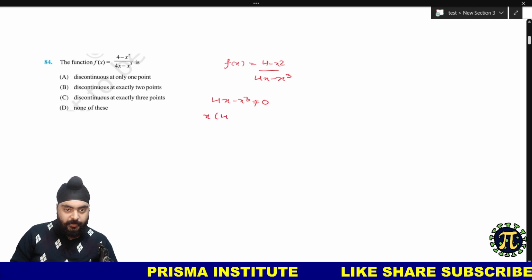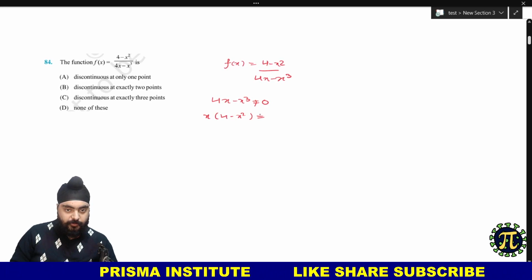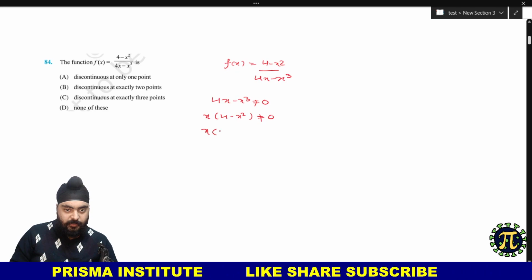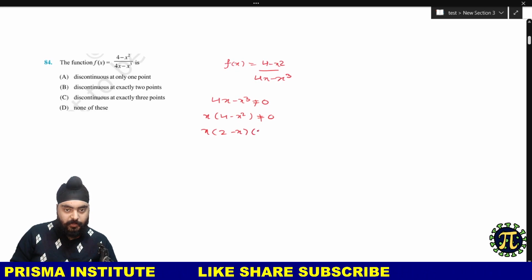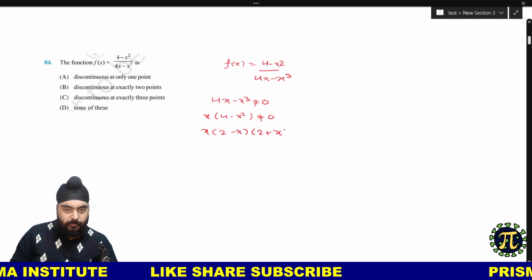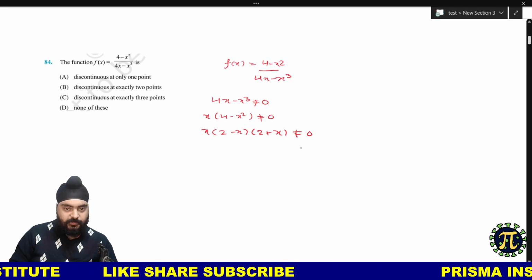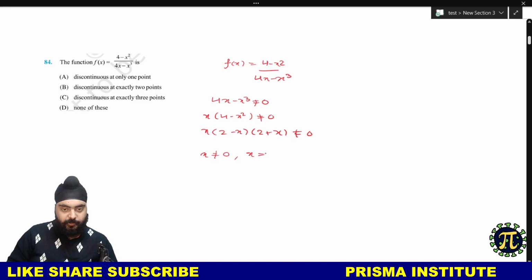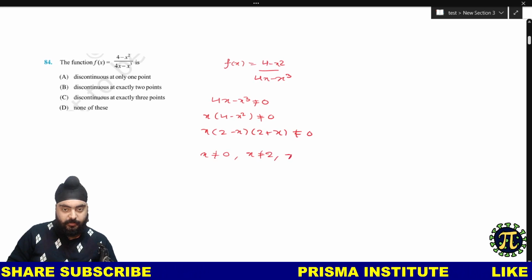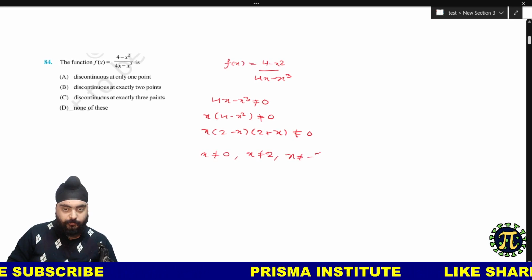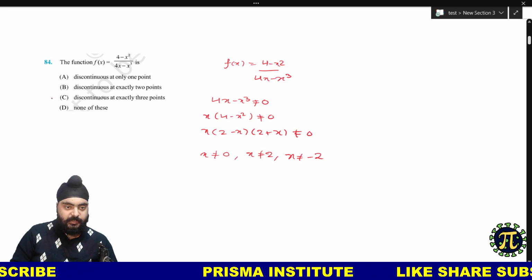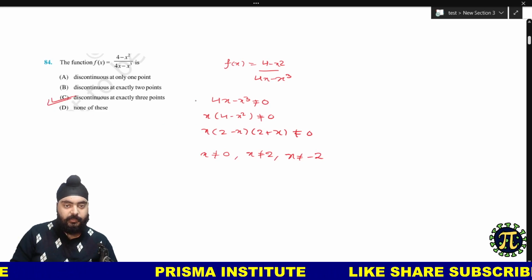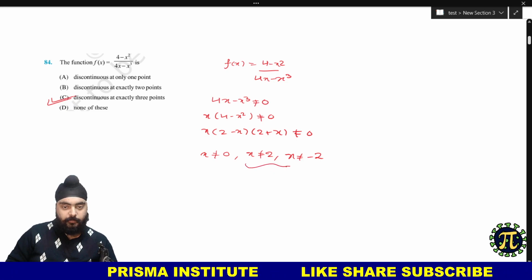X into 4 minus x square should not be 0, and x into 2 minus x into 2 plus x should not be 0. So which says x should not be 0, x should not be 2, and x should not be minus 2.